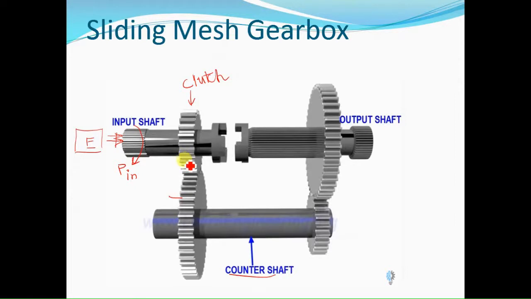Let us suppose this is gear number 1, this is gear number 2, this is gear number 3, and this is gear number 4. Gear number 1 is the clutch gear, and gear number 2 is the countershaft gear. Gear number 3 is also a countershaft gear, because these two gears are mounted on the same shaft and are fixed with each other, by welding or pinning. So these are fixed gears and cannot be moved.